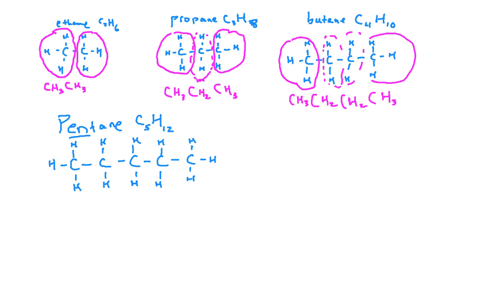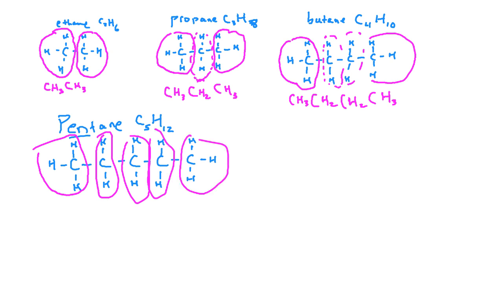And once again, we play this game, right? On the end, notice we have a CH3. Then we've got a CH2, a CH2, and a CH2, and then a CH3.